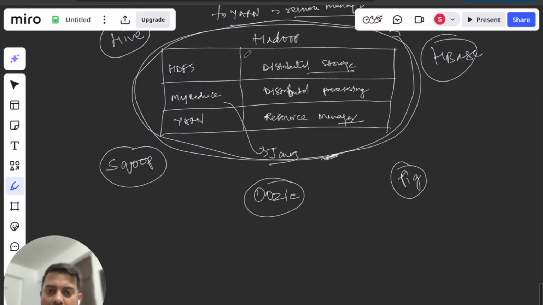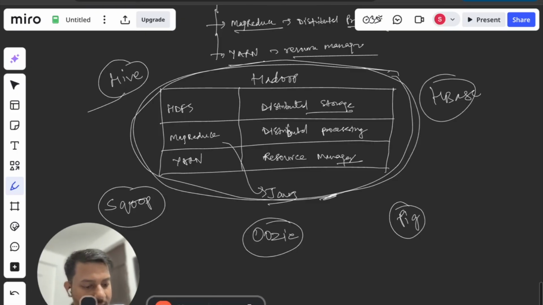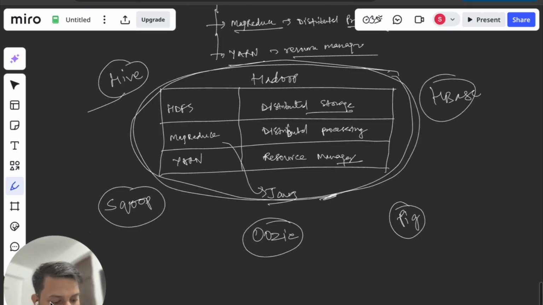And the Hadoop ecosystem tools are Hive, Sqoop, Oozie, Pig, HBase. Let me tell you for what purpose these tools are in the ecosystem.